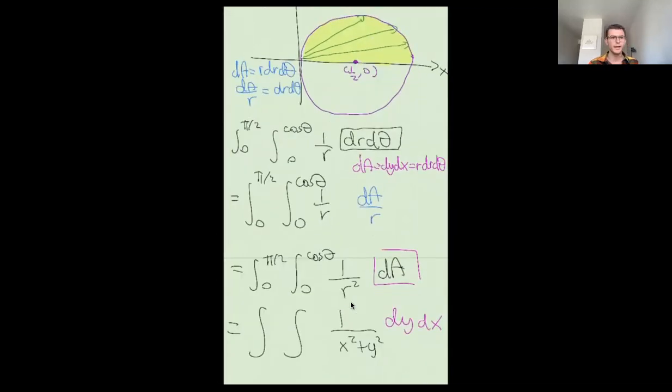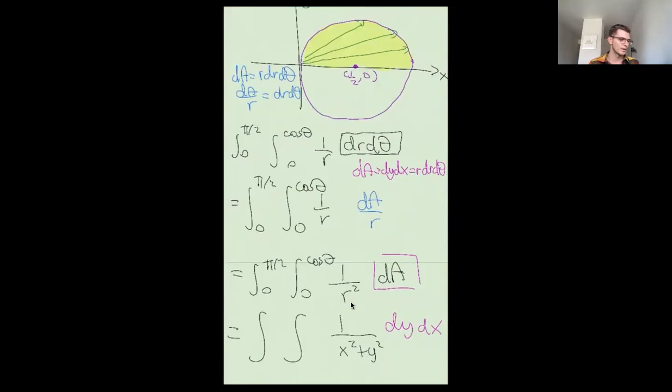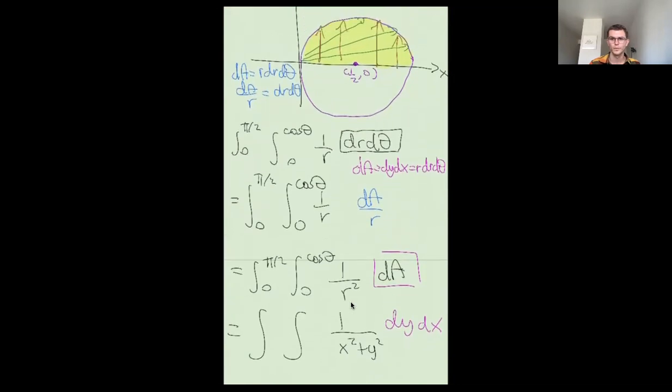So now the only thing we have to do is find the bounds. What are the bounds if you use vertical arrows for this region? Since the dy is on the inside, we need the x dependent bounds, right? Correct.